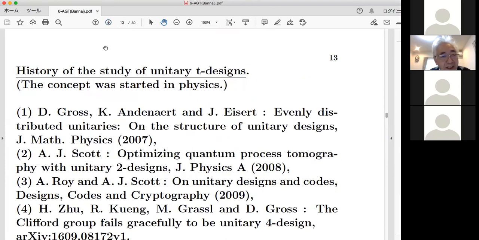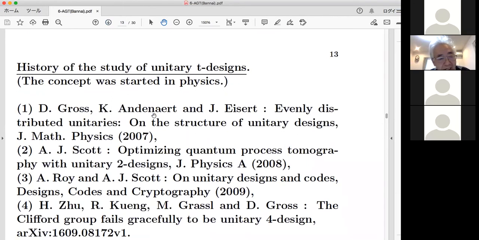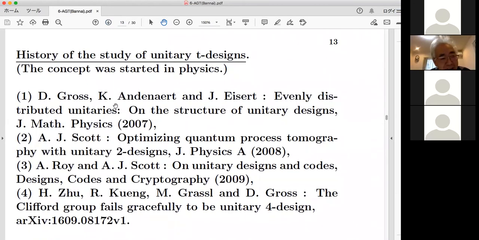Okay, the concept of unitary t-design was started in physics, in particular in quantum information theory. And here are some basic papers which introduced unitary t-designs. Gross, Audenaert, and Eisert, this is a physics paper, and Andrew Scott, also a physics paper.